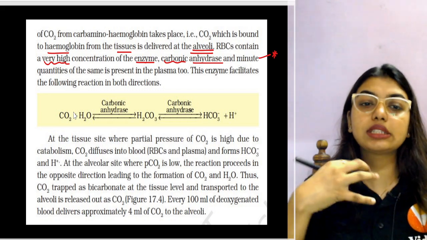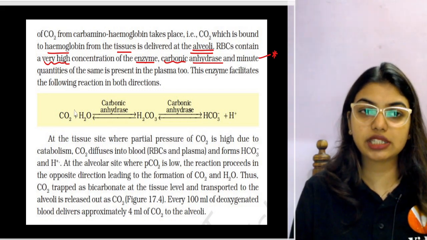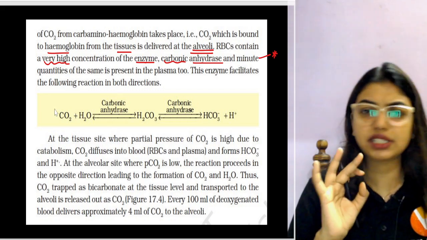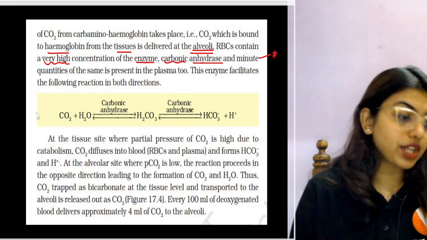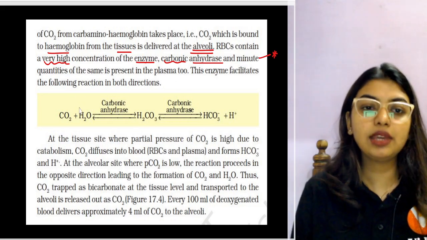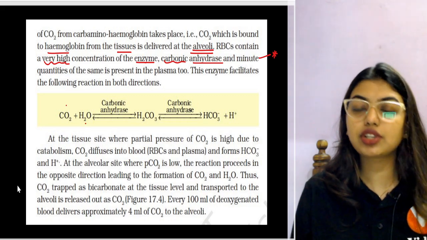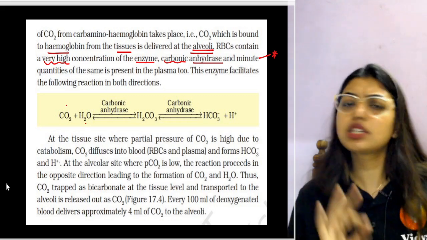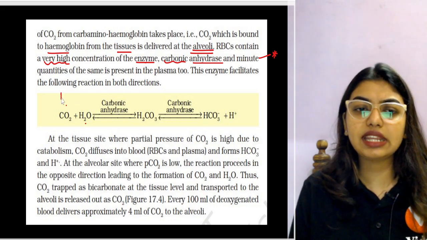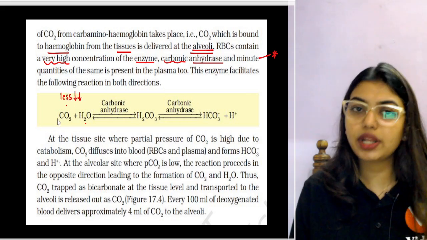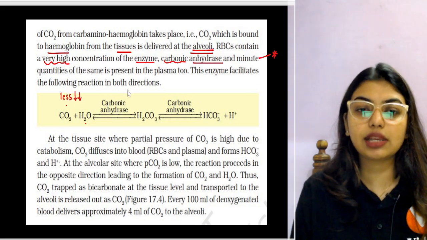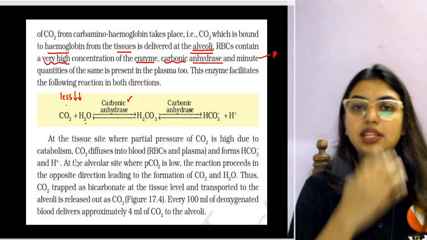You have to say it is mainly present in high concentration in the RBC, with a very small quantity in the plasma. This enzyme facilitates the following reaction. In the RBC, carbon dioxide plus water is going to bind. Normally also this will happen, students, but at a very slow rate. To increase it, we use the enzyme carbonic anhydrase, which is present in the RBC.